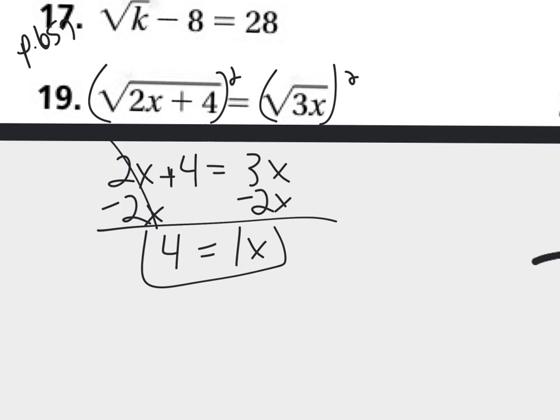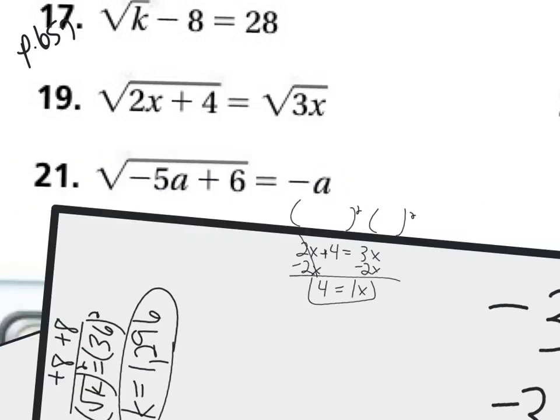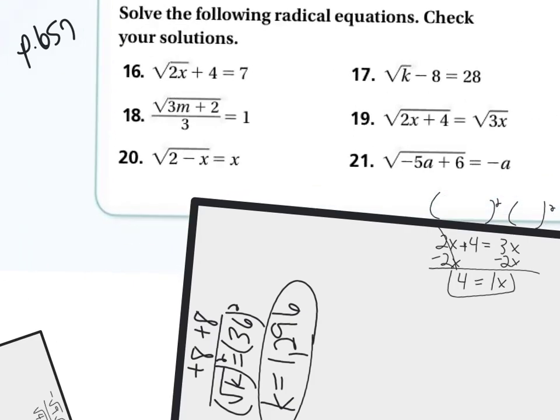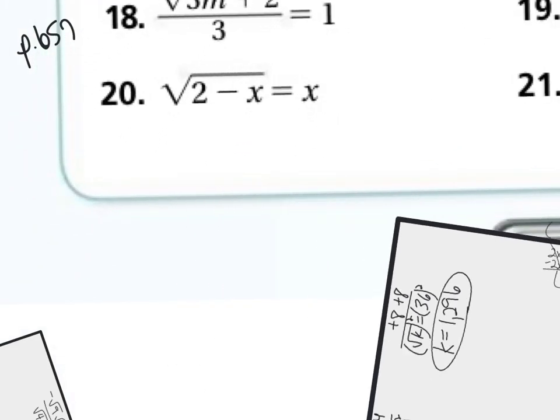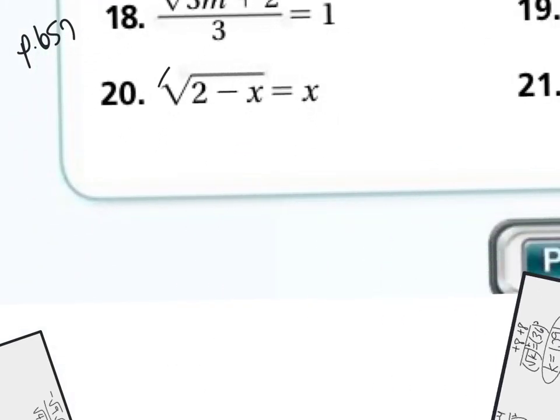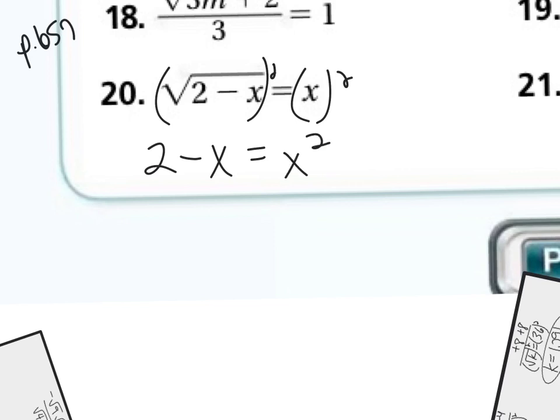I haven't been checking my solutions here, but to this point, all of them are good. I'm just going to save the length of this video by not going through every single one of those. And like I said, pretty much it should work out unless you create a squared term that wasn't there before, then you probably aren't going to have any extraneous solutions.